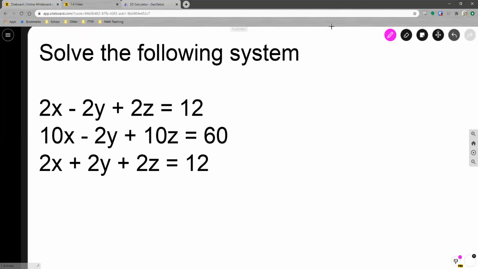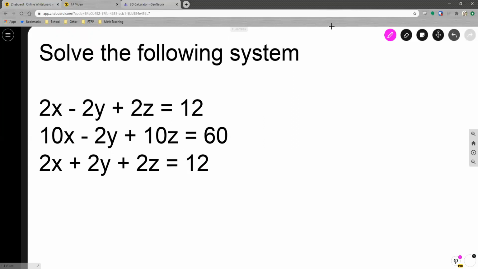This one's very interesting because I've got 2x minus 2y plus 2z equals 12, 10x minus 2y plus 10z equals 60, and then the third line looks almost exactly the same as the first. 2x plus 2y plus 2z equals 12. Well, that's kind of interesting.